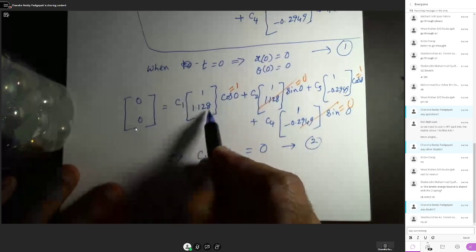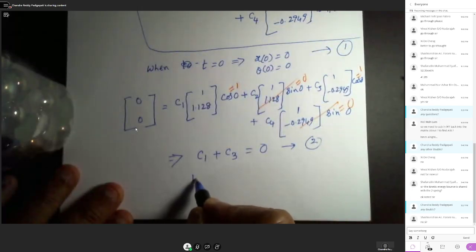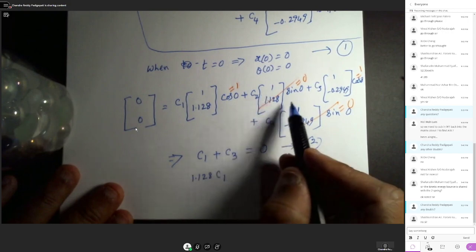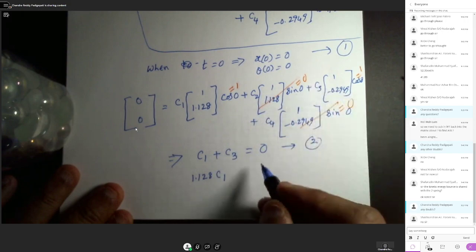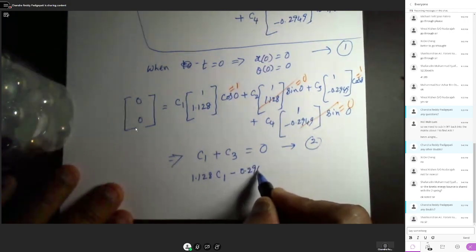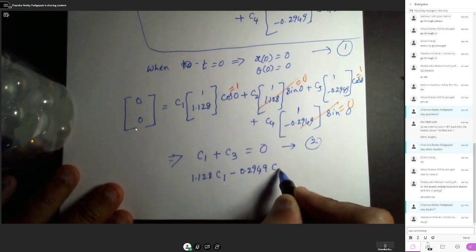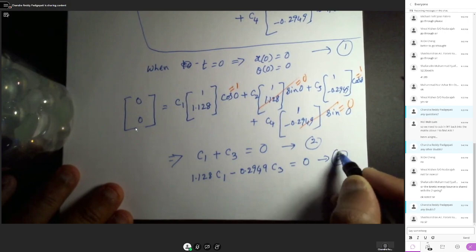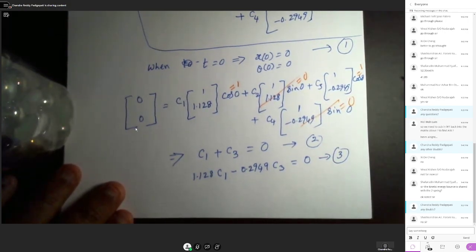Next, we can write C1 into 1.128, so 1.128 C1, and C3 into minus 0.2949, so minus 0.2949 C3 is equal to 0. This is equation 3. So this is C1, C3. You have two equations and two unknowns, so you can solve for C1 and C3.